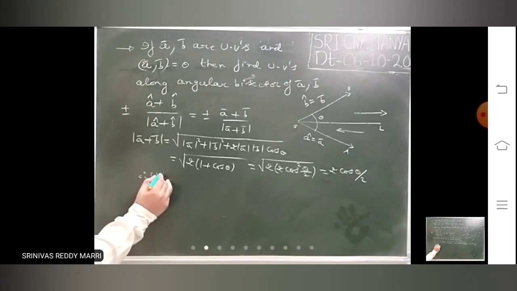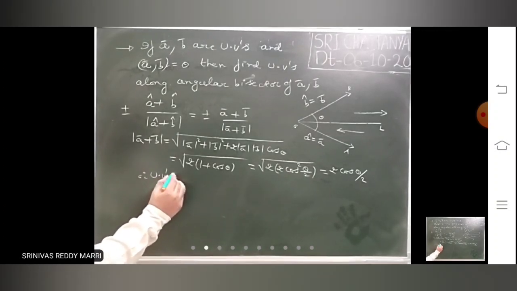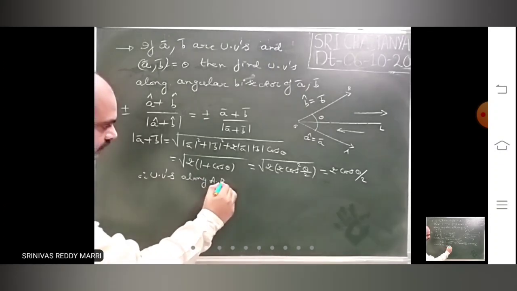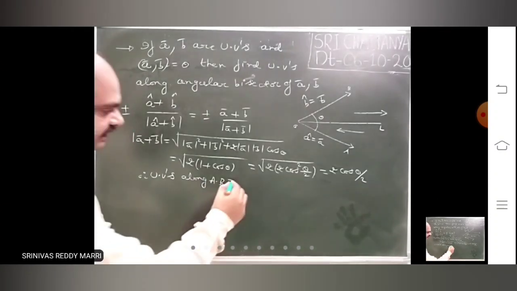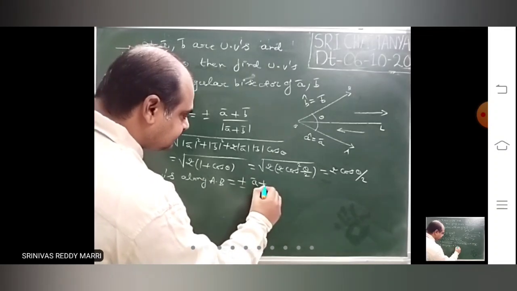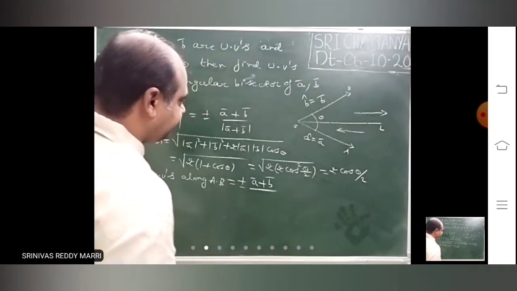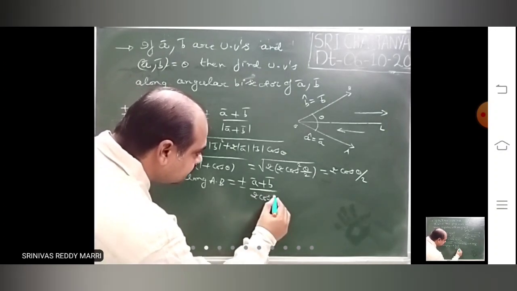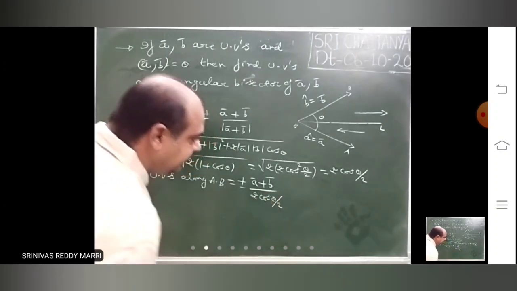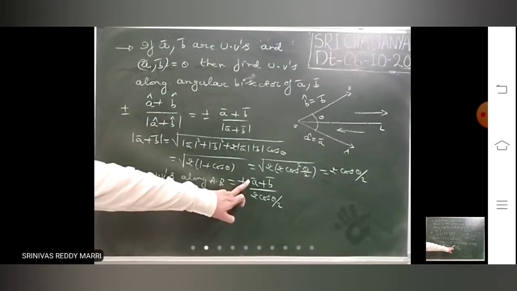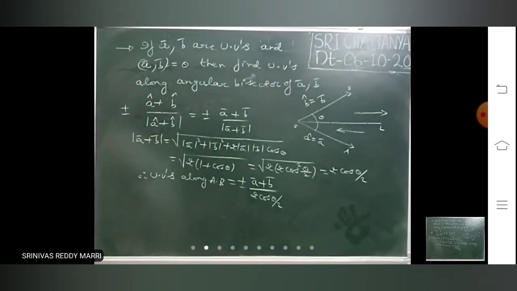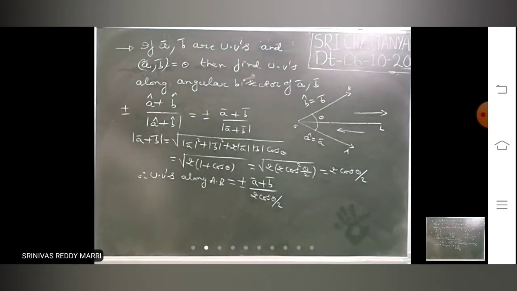Therefore, the unit vectors along the angular bisector equal plus or minus A bar plus B bar divided by 2 cos theta by 2. So these are the vectors. One unit vector will lie in this direction, one in the other direction.